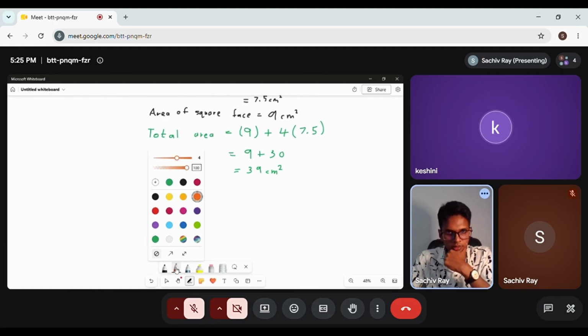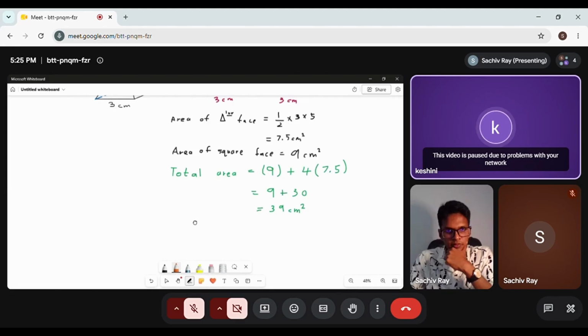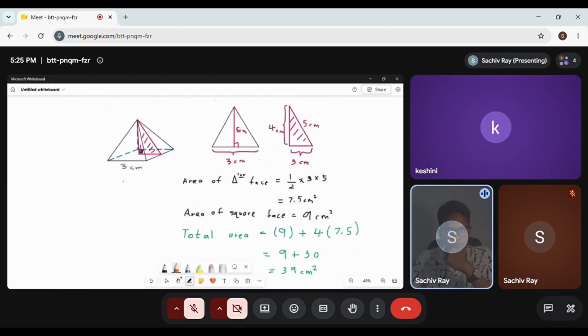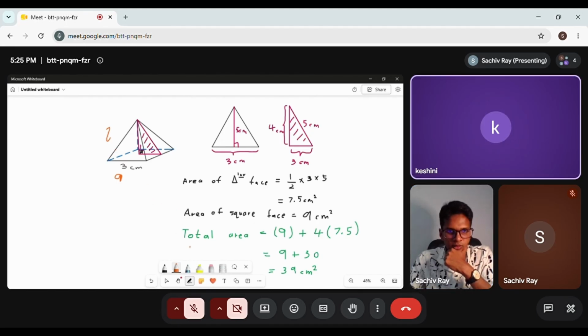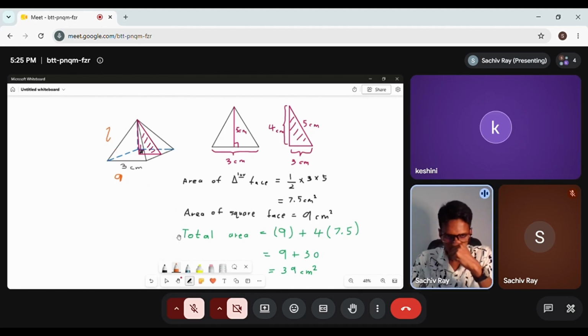Now, if I told you the same thing, to take the side length of one side as A, and then the height as, let's say, L. Let's take L for length, because that suits me. That L is ugly, but don't think about it.